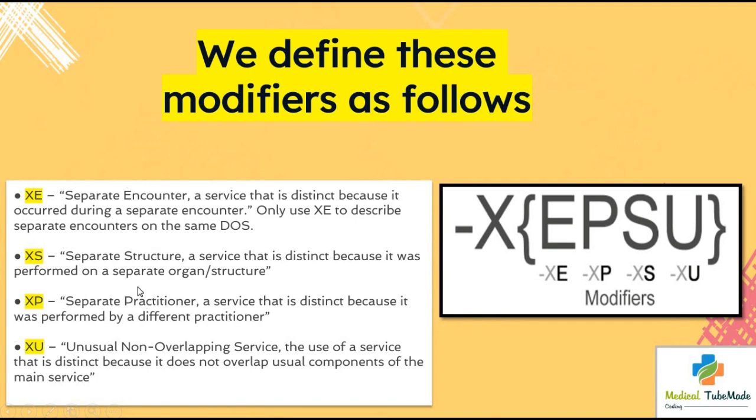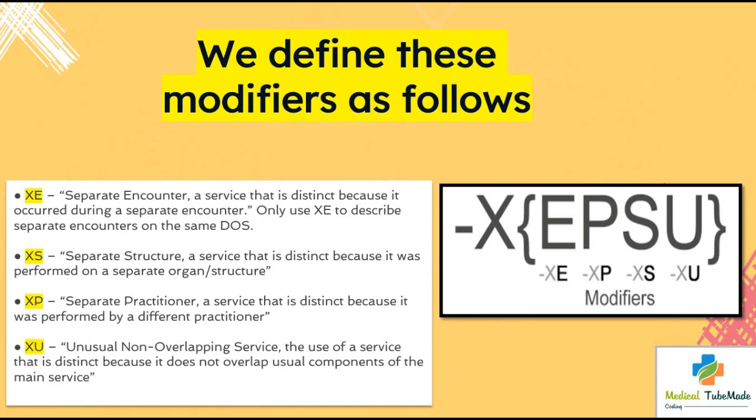Then the second modifier is XS. XS is separate structure, a service that is distinct because it was performed on a separate organ system or separate structure, body organ, whatever it may be, but it should be a separate structure. So S means structure. And then the third modifier is XP, separate practitioner, a service that is distinct because it was performed by a different practitioner.